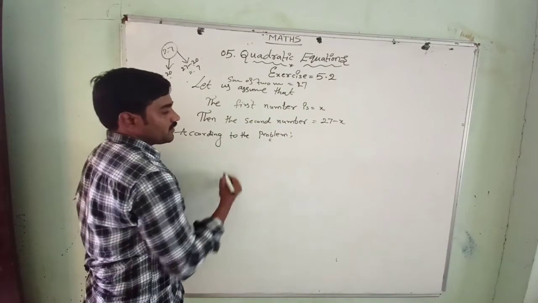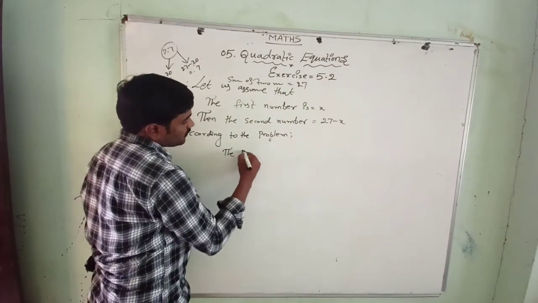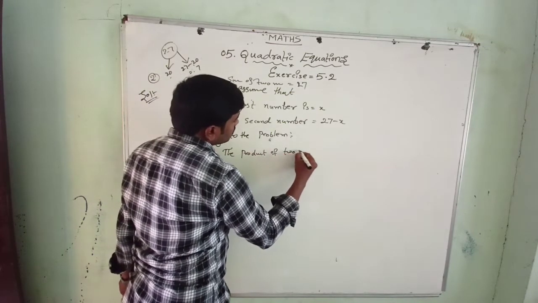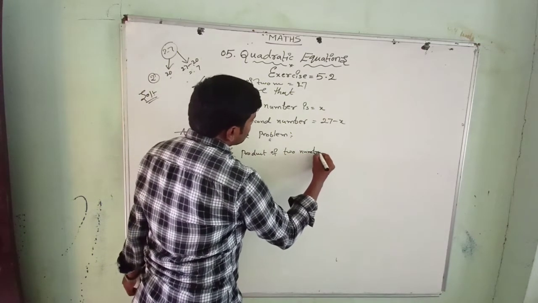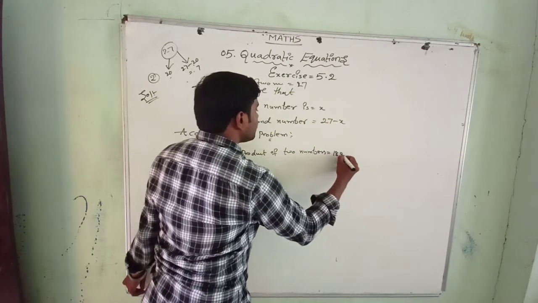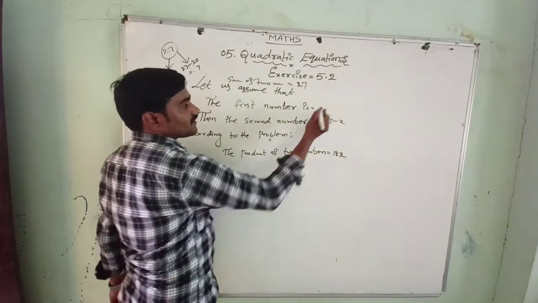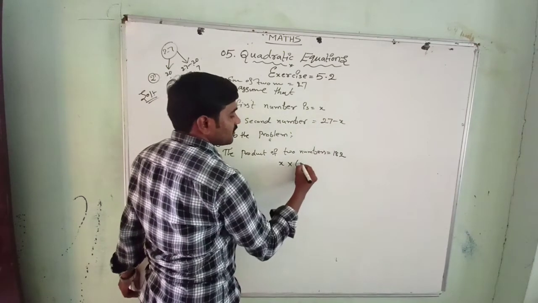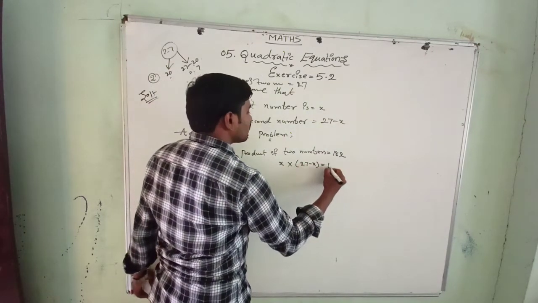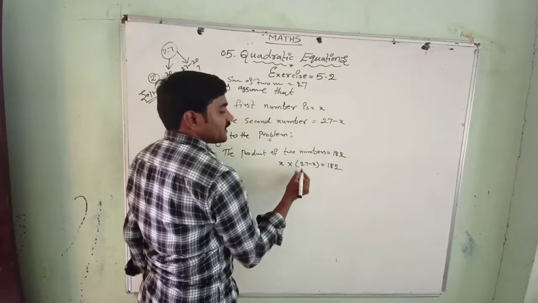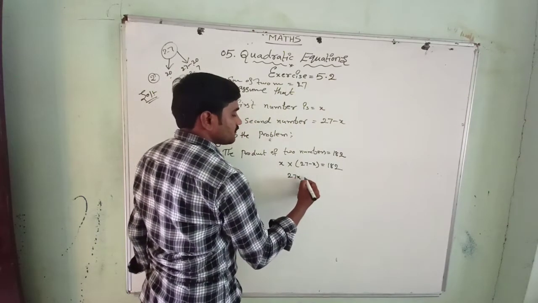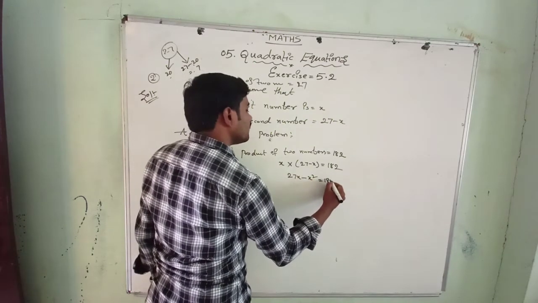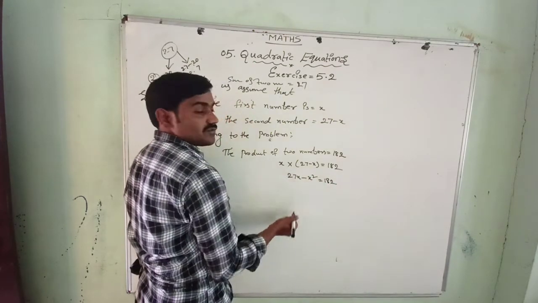Now according to the problem, the product of two numbers equal to 182. What are the two numbers here? One number is x, product, so into the second number is 27 minus x, that equals 182. x into 27, that is 27x, minus x into x, that is x square, that equals 182. Here the x square term is minus, no?